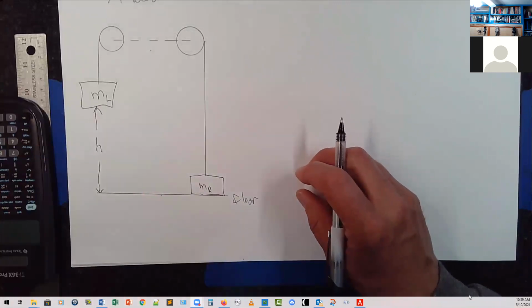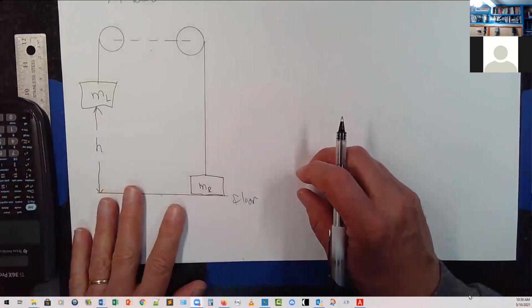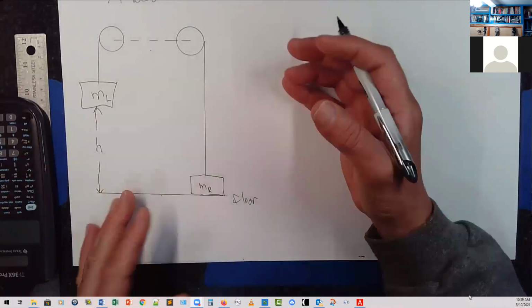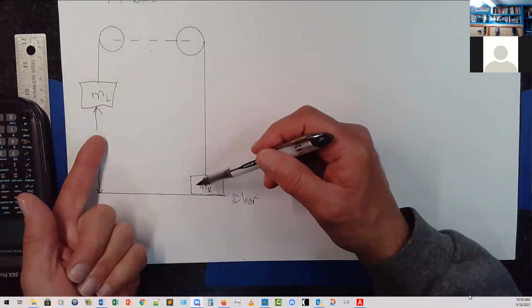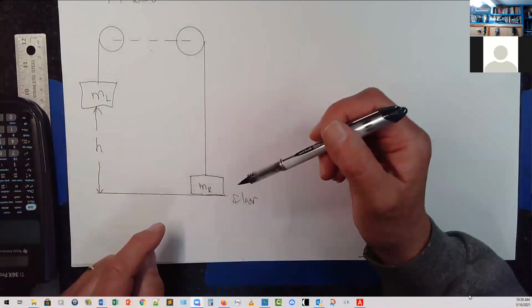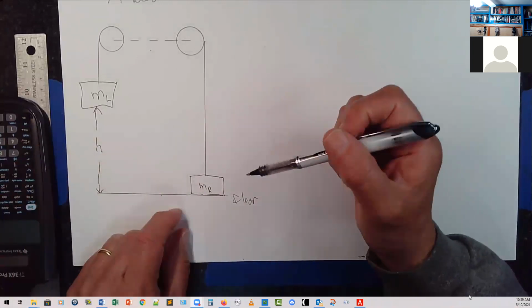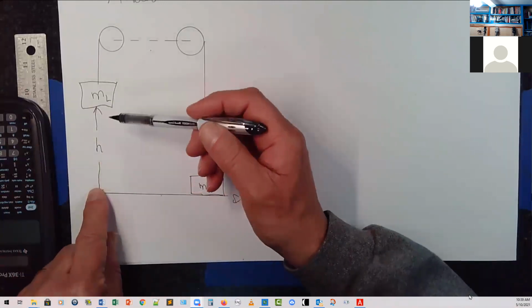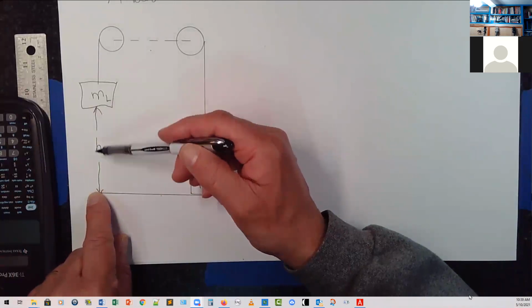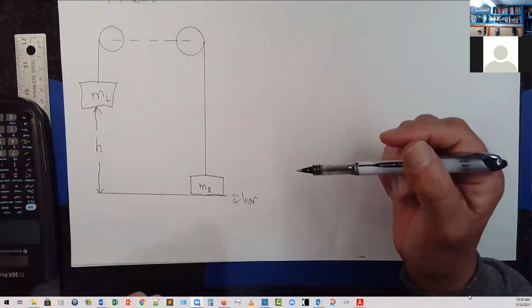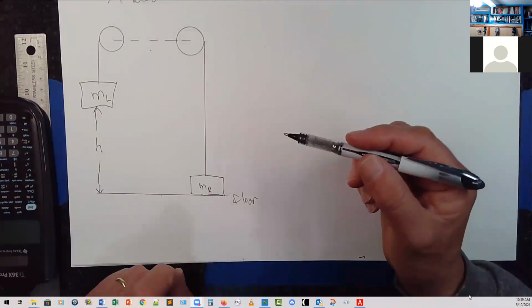Then what I often do is identify what I need to figure out, and in this case, what I want to figure out is the acceleration. From things that I can measure and time, I'm going to time how long it takes to go from being released to hitting the floor.